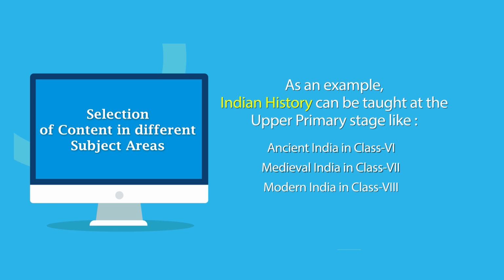And further when they enter the secondary stage, again they will go through these three periods of history content with more detail, so that they can engage themselves to understand about the development of the history, about the history content.